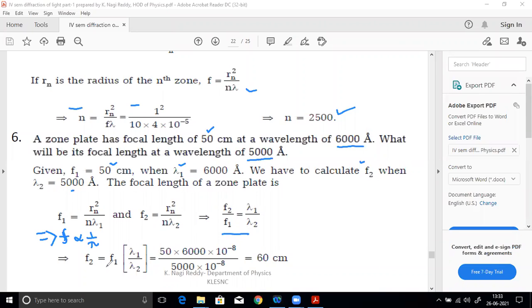Therefore, f2 is equal to f1 into lambda 1 by lambda 2. We substituted, that is lambda 1 is 50.